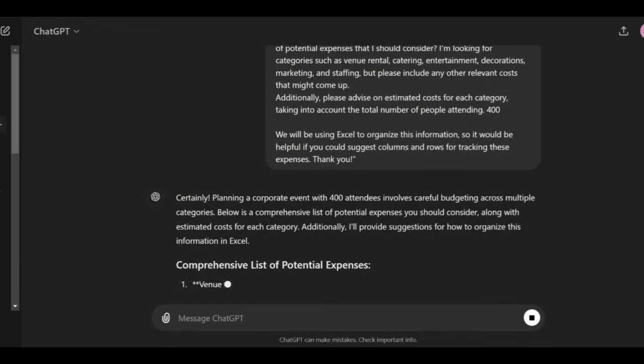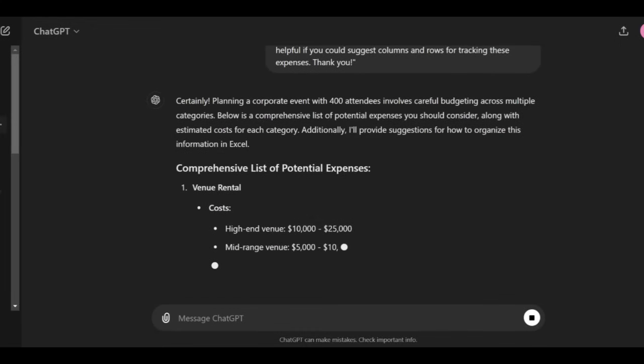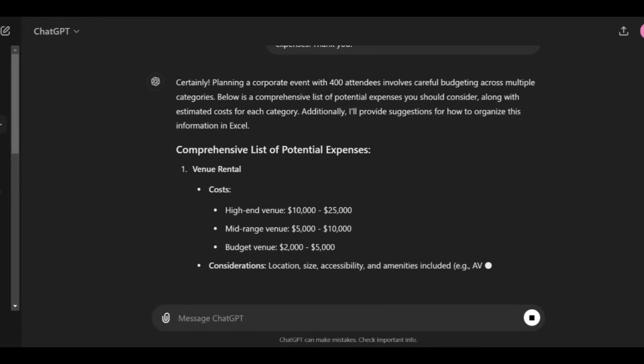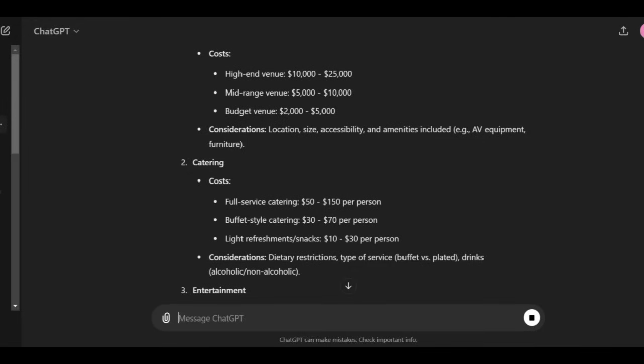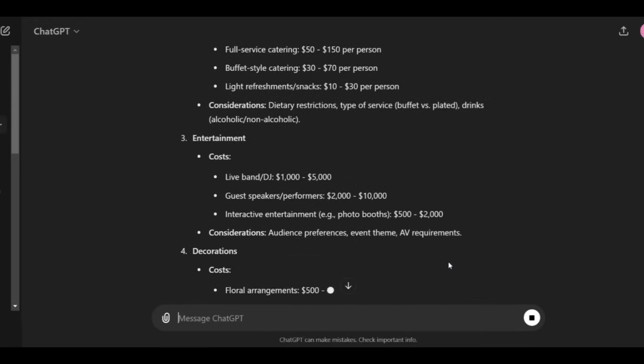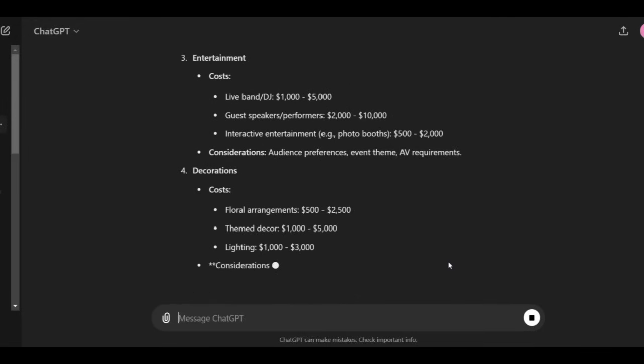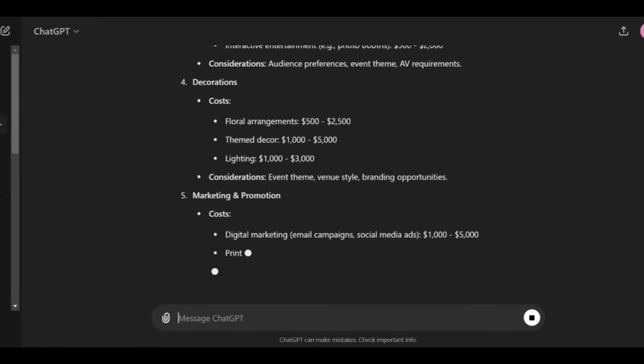Here we see the answer of ChatGPT for my prompt for 400 people. It comes up with a venue rental, and then we have different categories: catering, entertainment, decoration, marketing, and promotion.